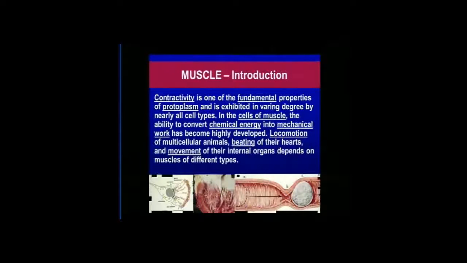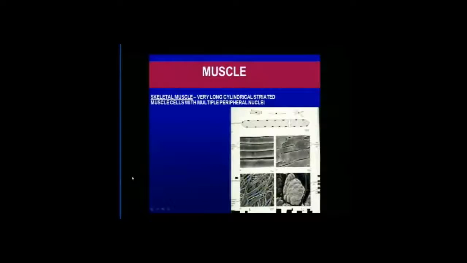But muscle cells have really adapted to convert chemical energy into mechanical work. And locomotion, beating hearts, the movement of tissue, all that uses different types of muscle. Here we can see skeletal muscle is the main muscle that you usually eat whenever you're eating pork chops or something.